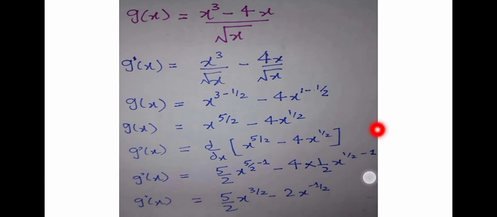Okay, then we subtract 1 from 1 over 2 and we get negative 1 over 2.